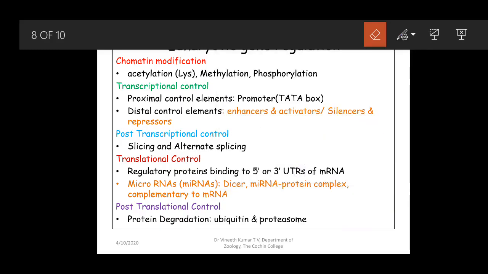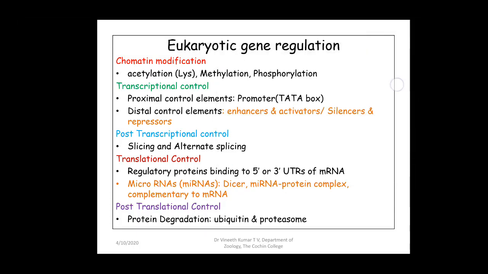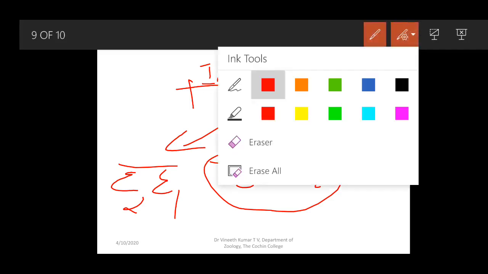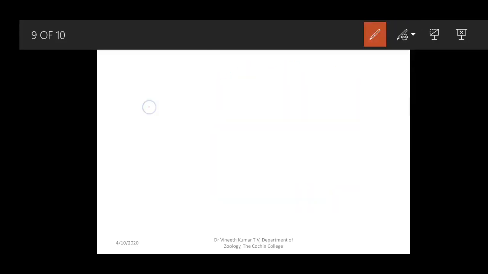So I am taking a protein, and this protein is to be degraded. Now this will be added by a chain of protein called polyubiquitin. Many ubiquitin proteins will be added. These are single ubiquitin proteins, and that is what is called polyubiquitination.